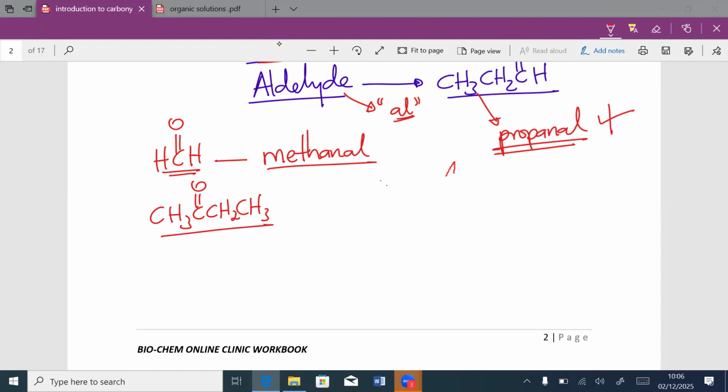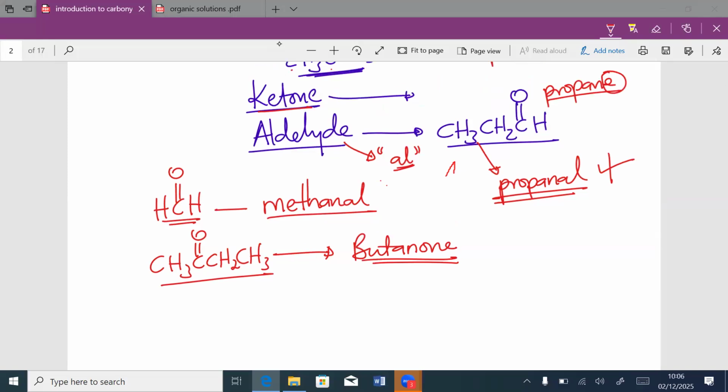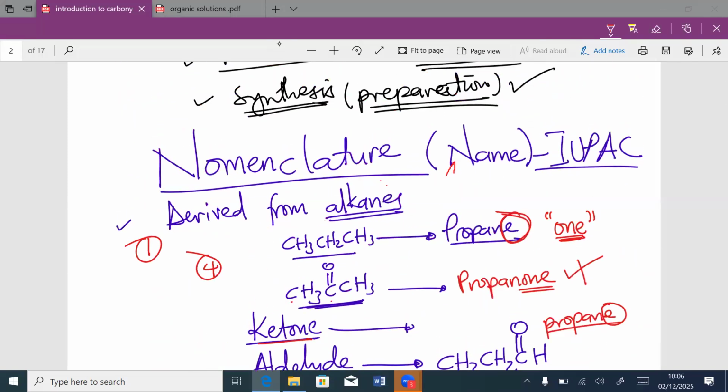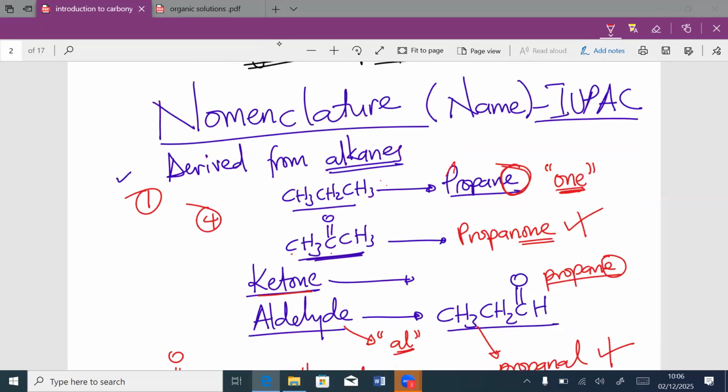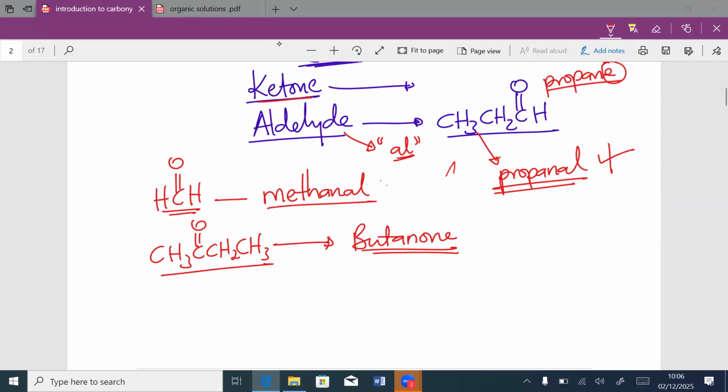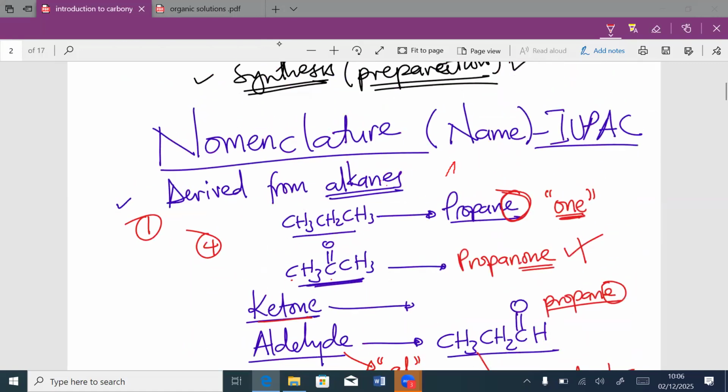How many carbon atoms does this one have? 1, 2, 3, 4. 4 carbon atoms. That is a but, so this is butanone. So that is for simple carbonyl compounds, in other words, carbonyl compounds that have 4 carbon atoms and below. We can just name them like this.